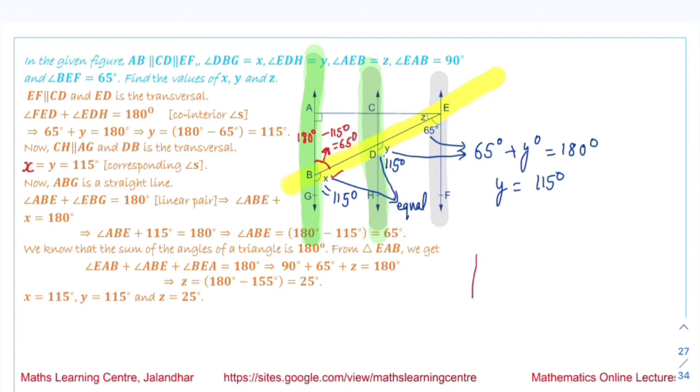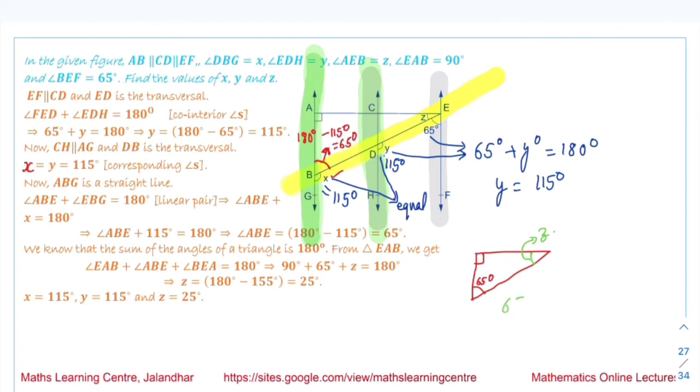Now we have a triangle over here. This angle is 90 degrees, this angle is 65 degrees, and we have to calculate the value of this third angle Z. We know that the sum of angles of a triangle is 180 degrees.